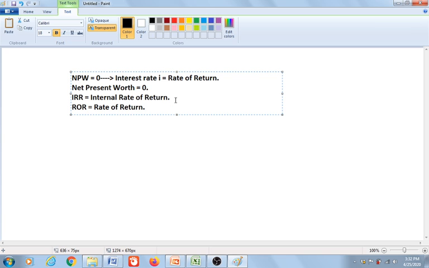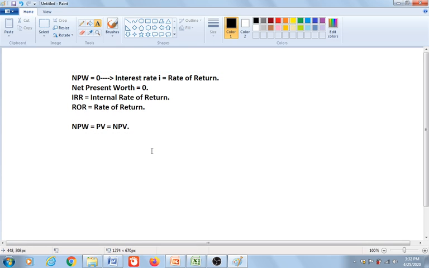The rate of return is the value of I, the interest that we earn on an investment, when the net present worth of that investment equals 0. So remember, NPW, net present worth, is the same as PV, present value, and the same as NPV, net present value. Now, in order to explain how to calculate the rate of return, I will use two examples.